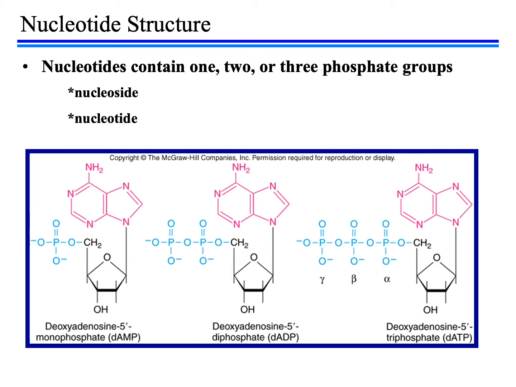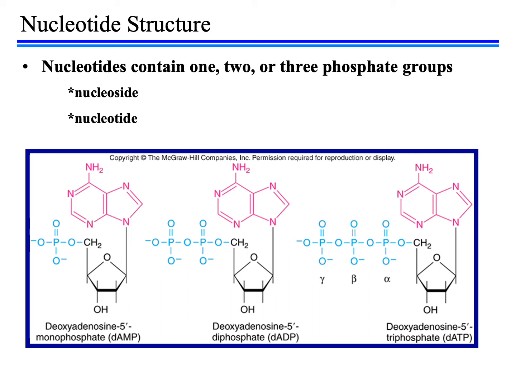If you look at the first term on the slide, underneath the bold heading, we see the term nucleoside. And the term nucleoside defines a base bound to a sugar with no phosphate group. The nucleotide then is going to be the base, the sugar, and at least one phosphate group. What you see on the far left is an example of a monophosphate nucleotide.